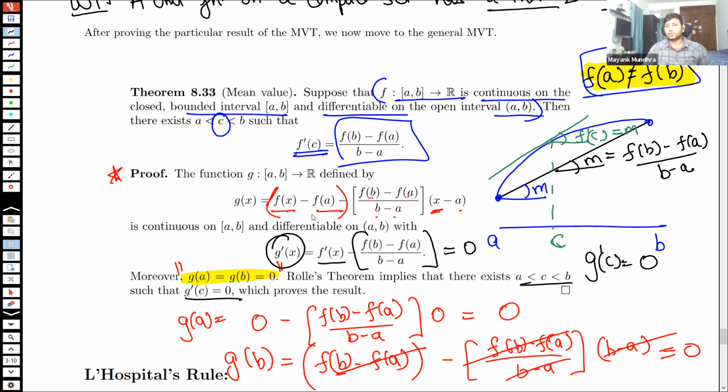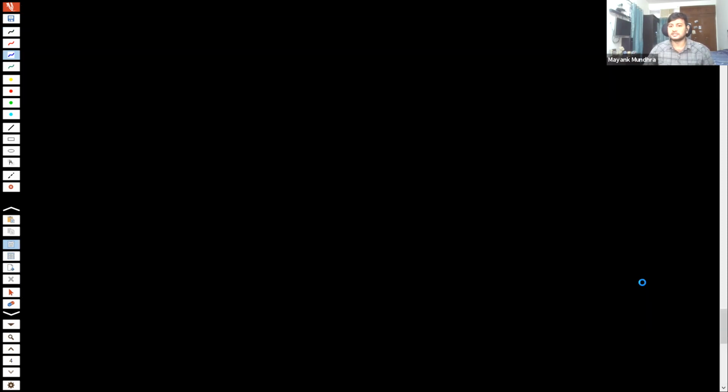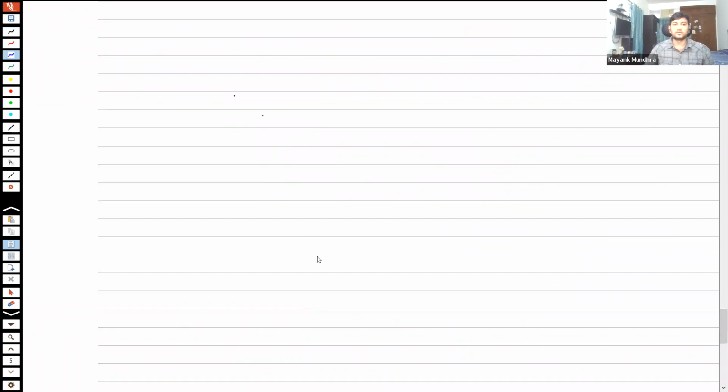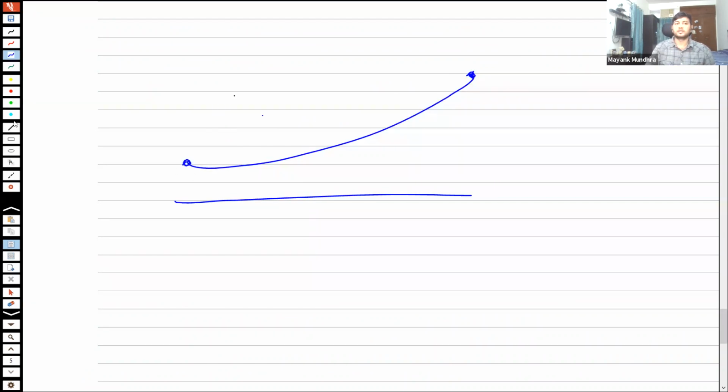What you're actually doing by constructing this function g is rotating the entire axis. In the original axis, your function can start from some point and end at some other point. But if you were to rotate the axis, suppose this is your function, starting at this point and ending at this point.